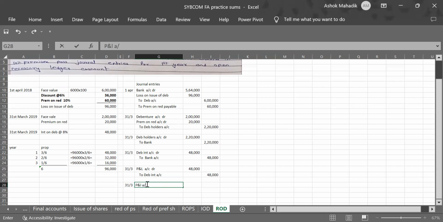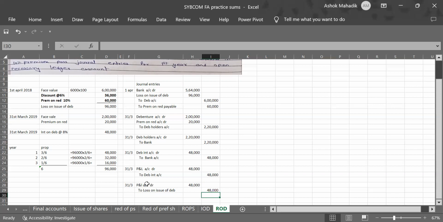So P&L account debit to loss on issue of debenture, to the extent of 48,000. It's just a coincidence that your interest amount and this write-off are the same. It may be different. Clear, students? I hope this is clear.